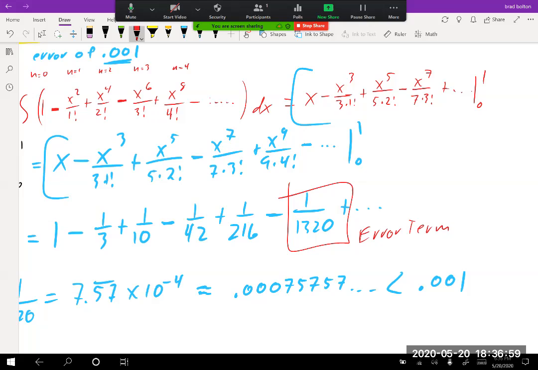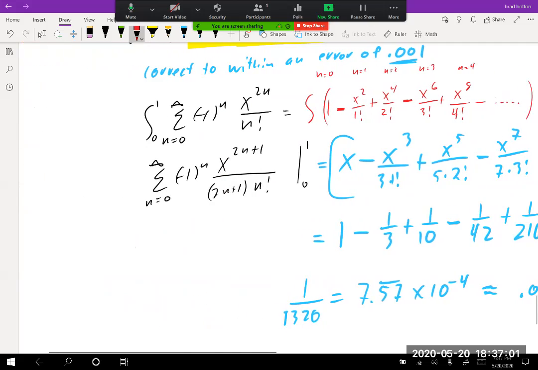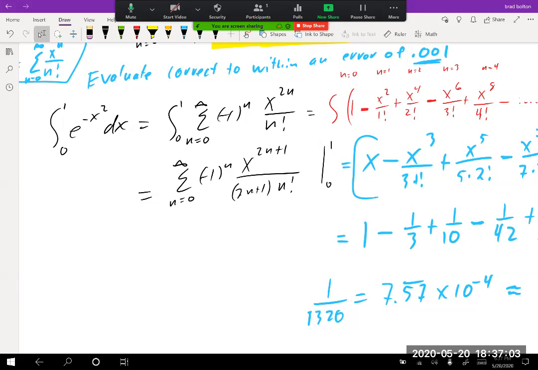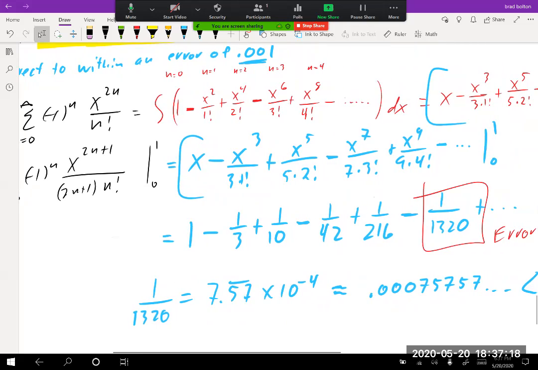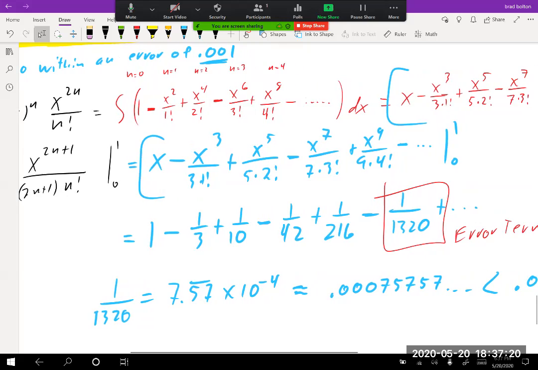Now, we can go through and prove that this is a convergent alternating series. The limit of this would be 0 because if you take the limit of n times n minus 1 times n minus 2 times n minus 3, you're going to get a massive n. So we're going to end up with that being a convergent alternating series.